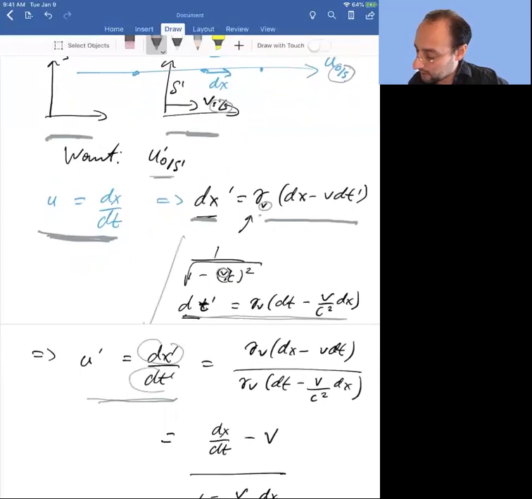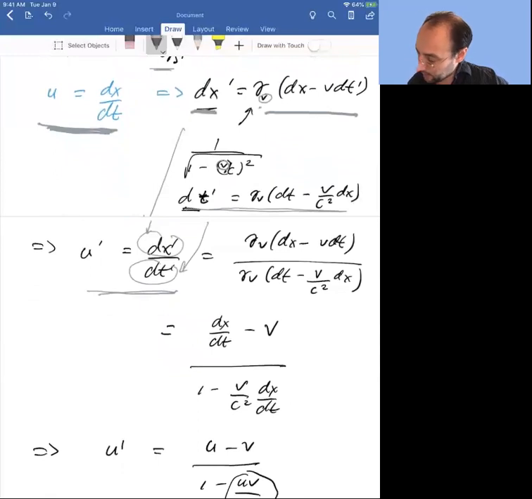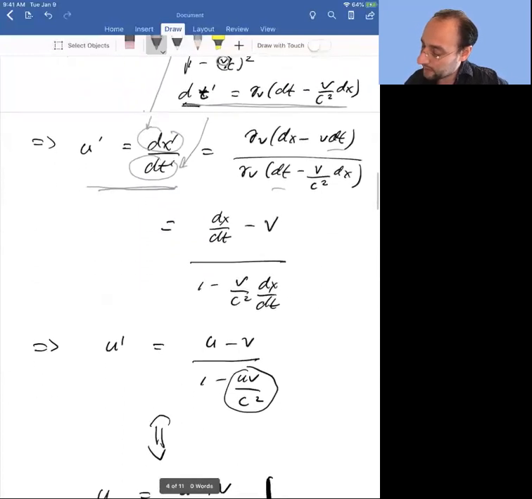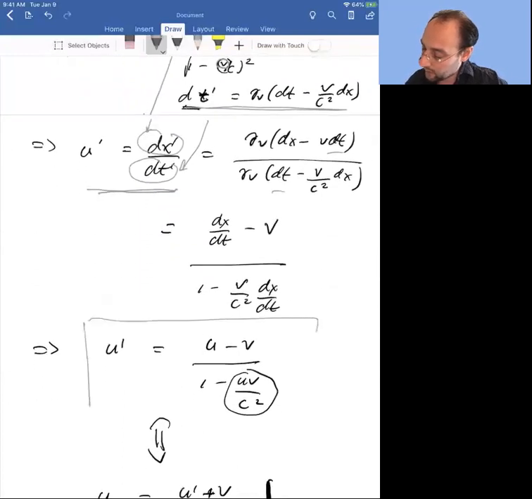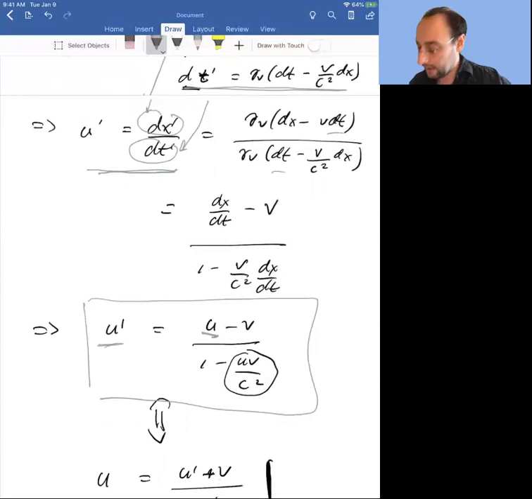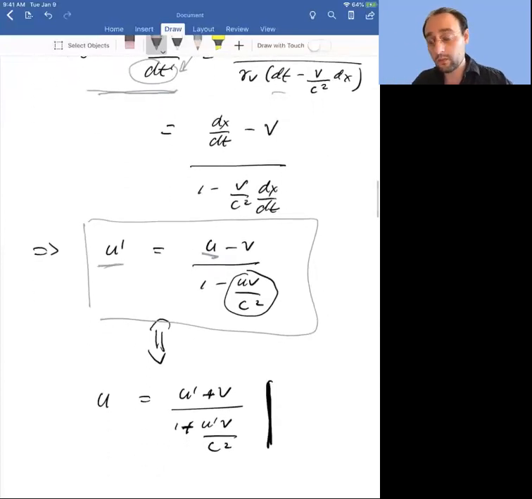We substitute the dt prime from here, and we just put them in, and then we clean things up. So here I'm dividing everything by dt, clean, clean, clean, simplify, simplify, and I arrive at this expression. Now it relates u prime to u, okay? And you can invert it to relate u to u prime.